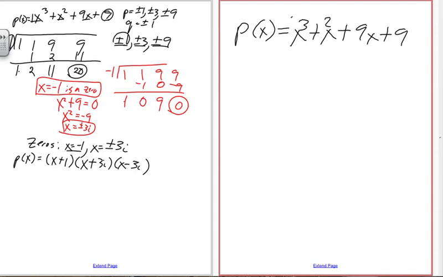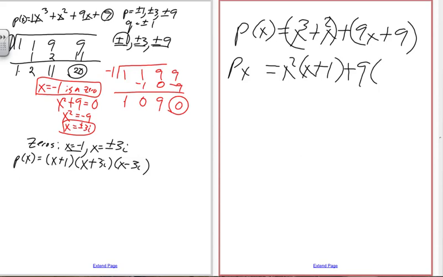So I'm going to group these together, and then I will group those together. So I'm going to factor x squared out, and that will leave me with an x plus 1. And then I'm going to factor a 9 out, which will leave me with an x plus 1. And you'll notice this term is common to both of them.